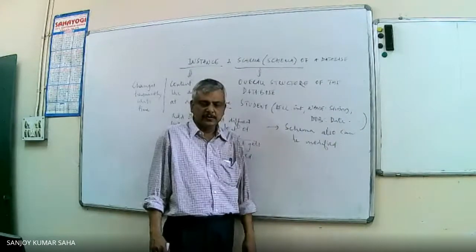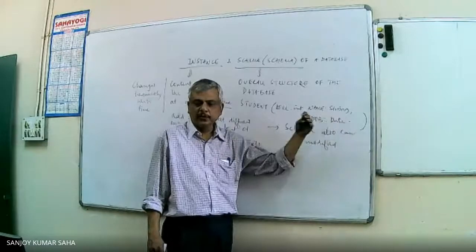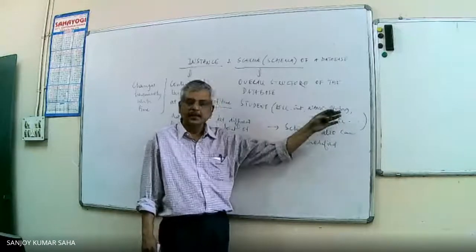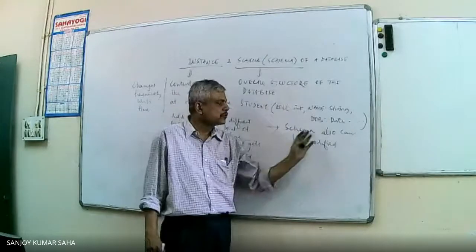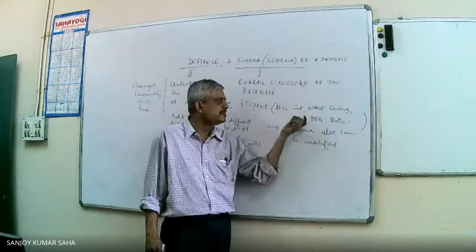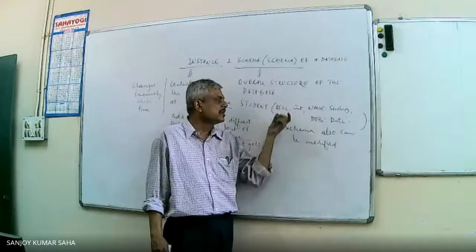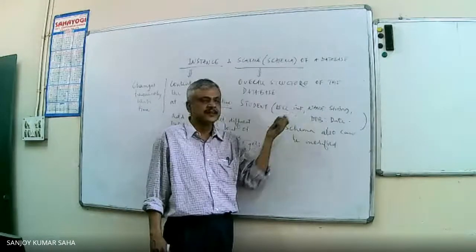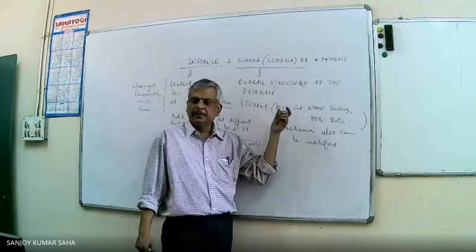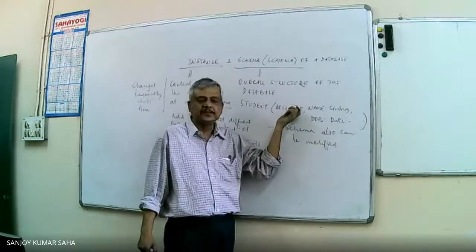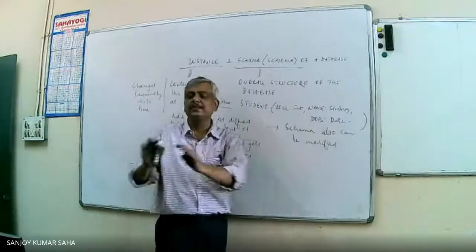Earlier we had not considered it, but we may decide that for our processing this is essential, so we may add this kind of attribute. So schema also can be modified, or we may change the size. We consider roll number as an integer, but we find that in our case the roll number is quite large. It may not be feasible to store everything as a simple integer. We may consider some long kind of thing.